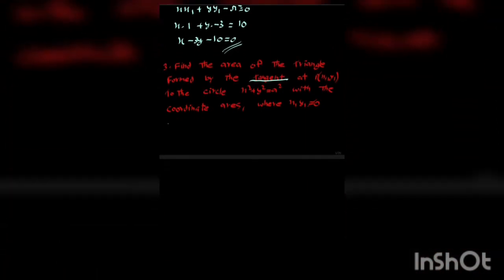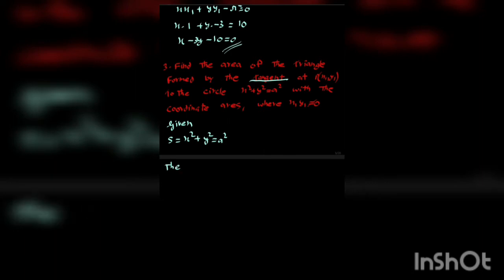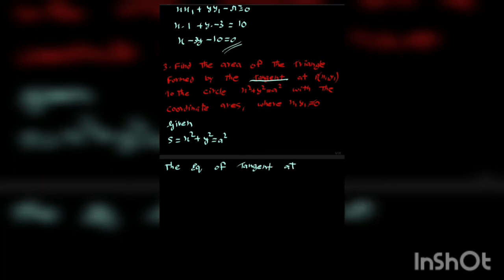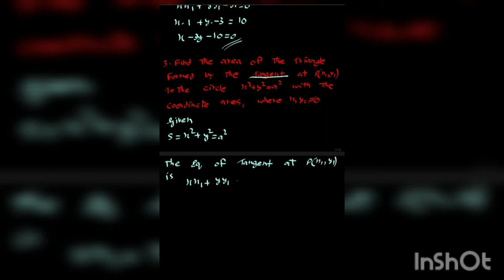So see the solution. Given circle S is equal to x square plus y square is equal to a square, and the equation of tangent at point P x1, y1 is x x1 plus y y1 minus r square equal to 0.